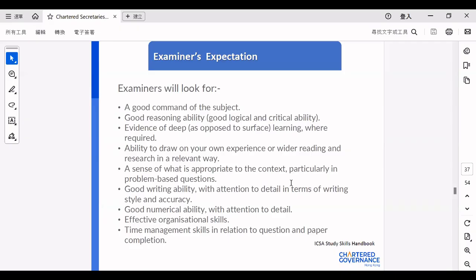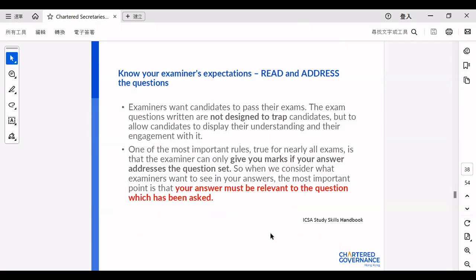So that's part of this numerical ability. Effective organization skills. So organized well, presented well, time management, make sure that you have enough time to answer all parts of the question. So you don't leave any part which is unanswered. I mean, this is something very general that applies to all the modules, not just strategic management.